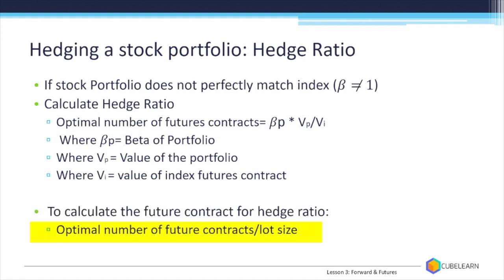Step 2. The futures contracts for the hedge ratio is equal to optimal number of futures contracts divided by lot size. In the coming slides, we will take up examples for both these cases to work out the hedge ratio.